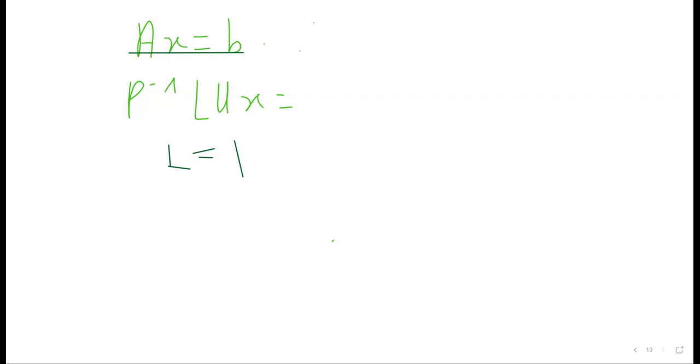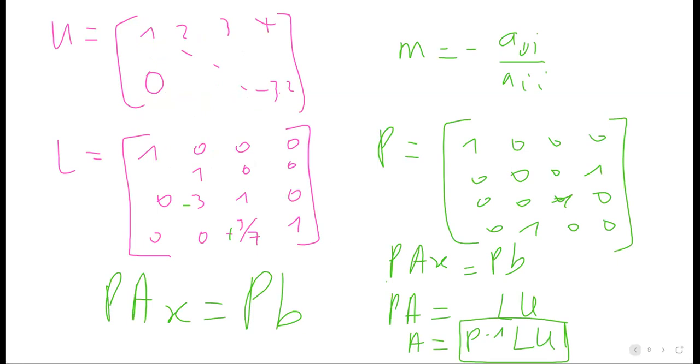I don't understand. So if we go back, I think that was a little mistake that I did. PA is equal to PB.